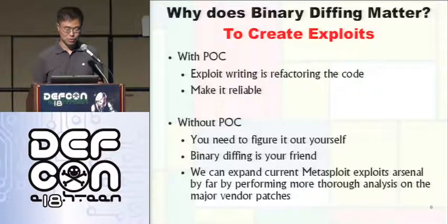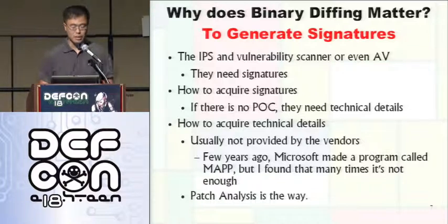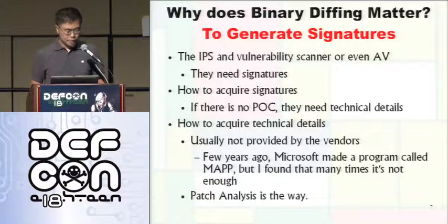I'm not so sure, but the other use for binary diffing is generating signatures. With the same technology, you can create exploits, or you can create defense mechanisms. IPS, vulnerability scanners, and even AV use signatures to detect attacking binaries, attacking websites, or exploits.